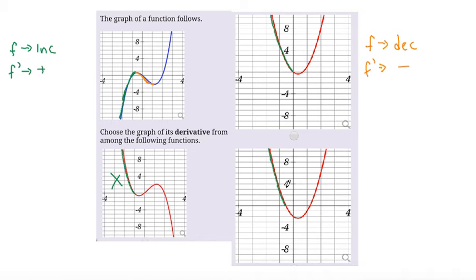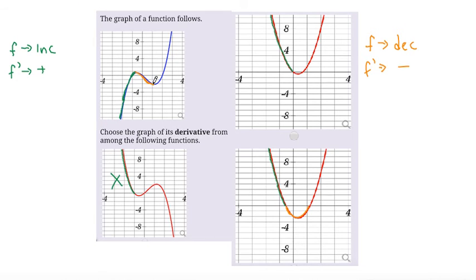So let's look at this third option. It goes negative all the way until it gets just a little bit to the right of +1. So that's confirming that the derivative is negative while the function is decreasing. Now let's see, from here it goes increasing again.